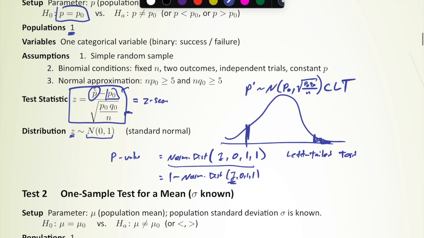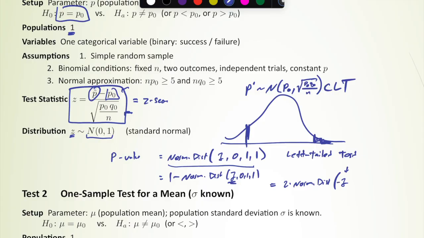And if it's a two-tailed test, you can go 2 times norm.dist of z. Now, you've got to make sure that this thing here is negative. If my z-score is positive, I give it a negative.